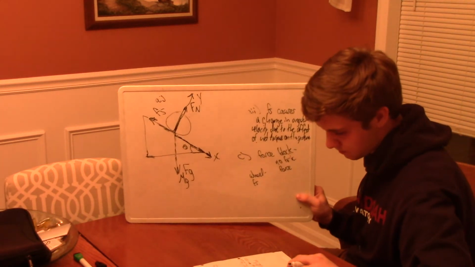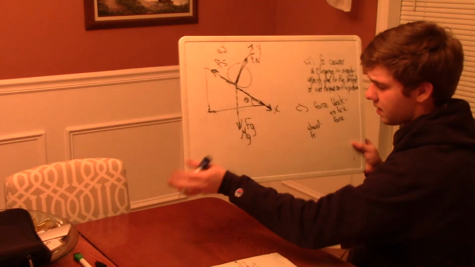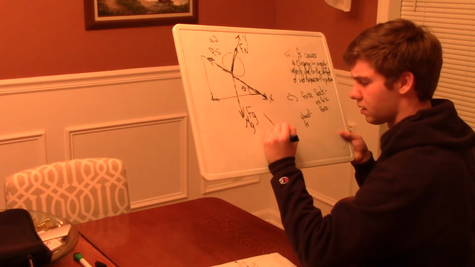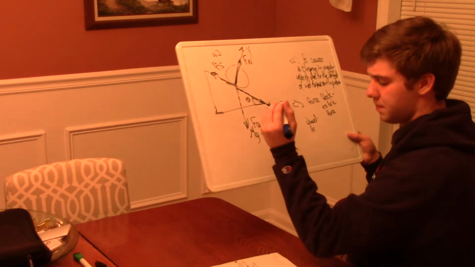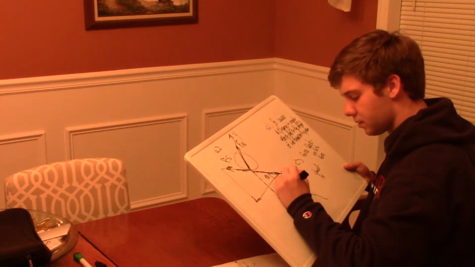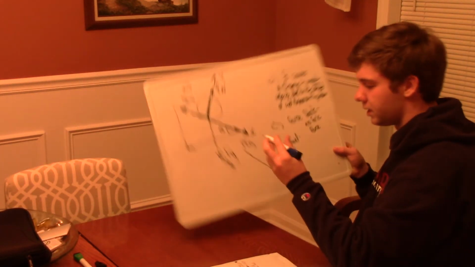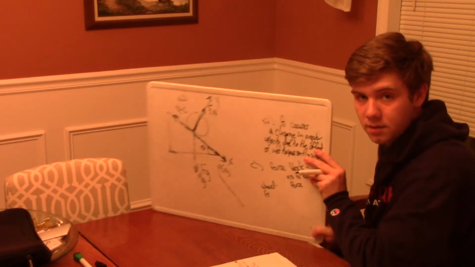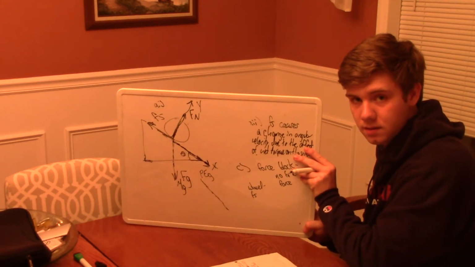Okay. Now let's look at it in terms of energy. At the top here, we have our gravitational potential energy, which I'm going to leave there so you can get it in case you didn't see it.